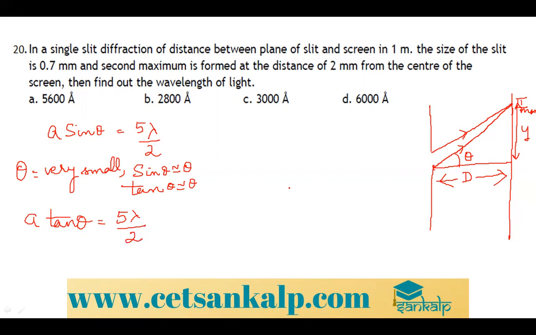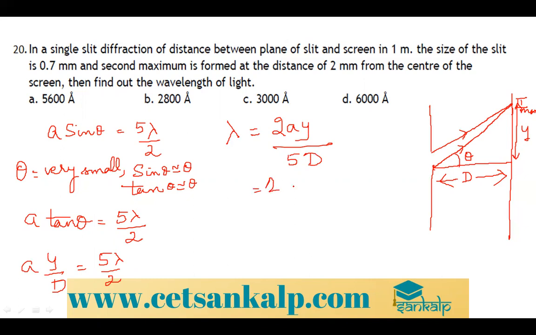So according to the figure, tan theta is nothing but y by d. So a y by d is equal to 5 lambda by 2. I want lambda to be found. So lambda is equal to 2ay divided by 5d.